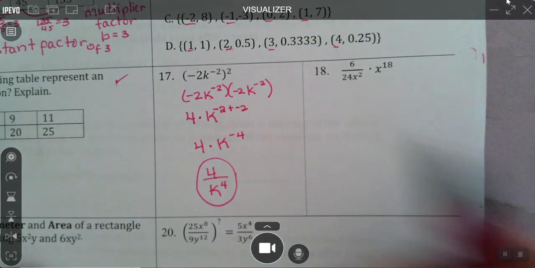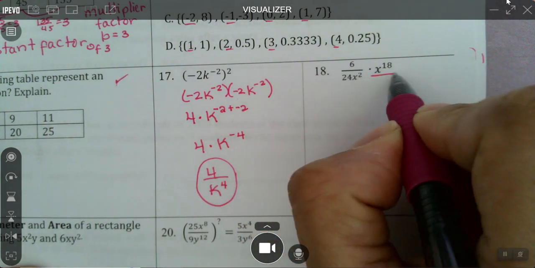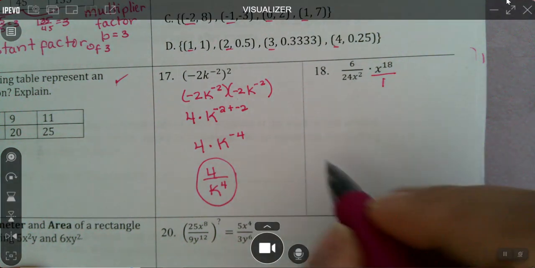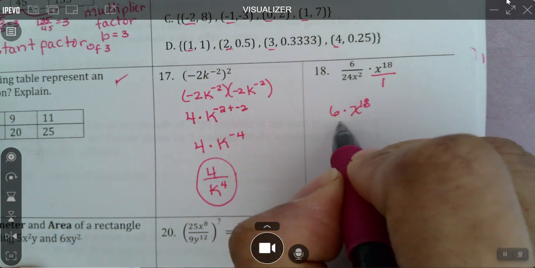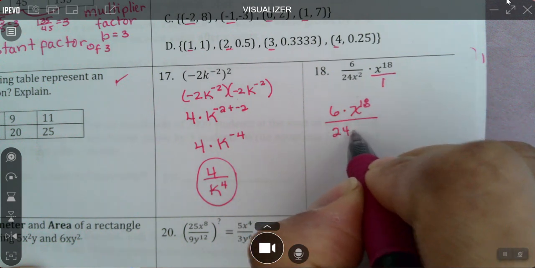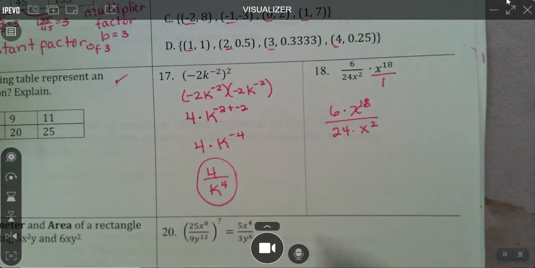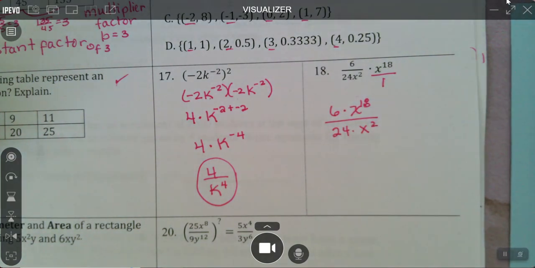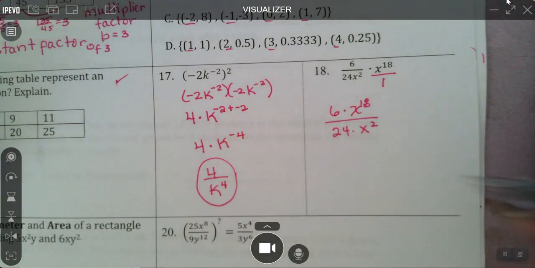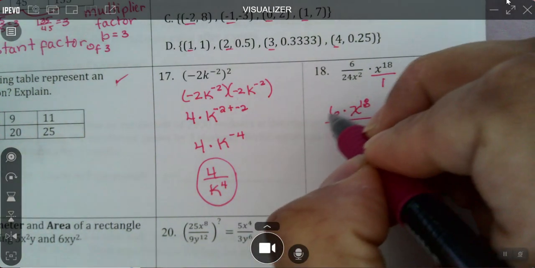All right, this one. So y'all remember that this is over 1. So this is 6 times x to the 18 over 24x squared, correct? All right, grab your handy dandy calculators and do 6 over 24. Or basically, how many times does 6 go into 24? 4 times?